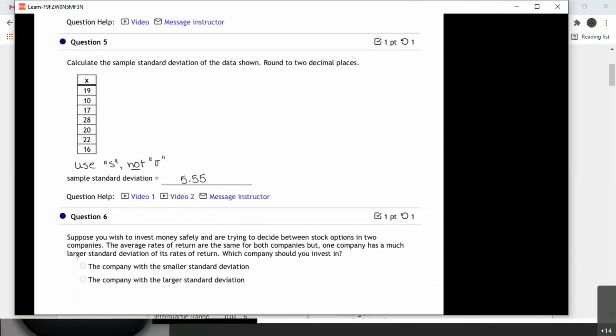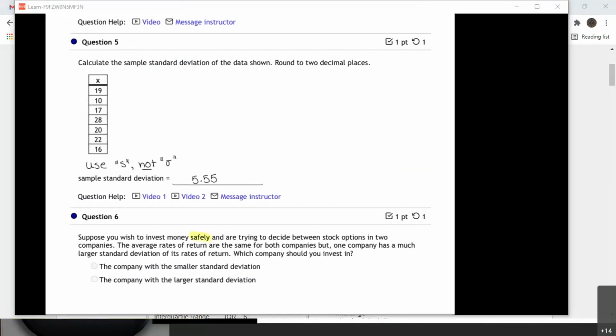Question 6 is an opinion question. I'm going to ask you the question. Suppose you want to invest money safely. For a minute, imagine that you're not the age you are now. Imagine you're like a year away from retirement, and you need to be able to draw the money out of your investment in a year.